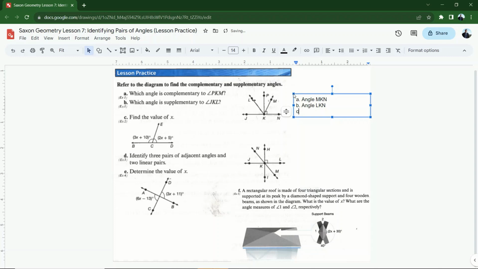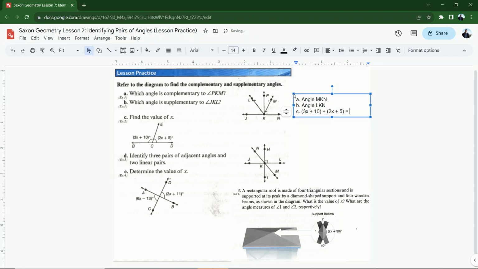Let's take a look at letter C. Find the value of x. This is one of those that adds an algebra problem. So (3x plus 10), I'm going to put that quantity in parentheses to be thorough, I'm going to add to, by the angle addition postulate, 2x plus 5.